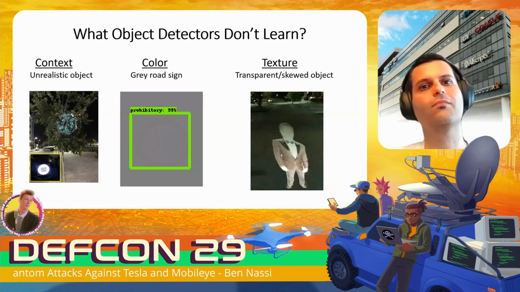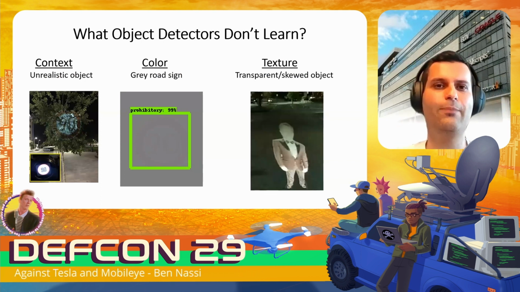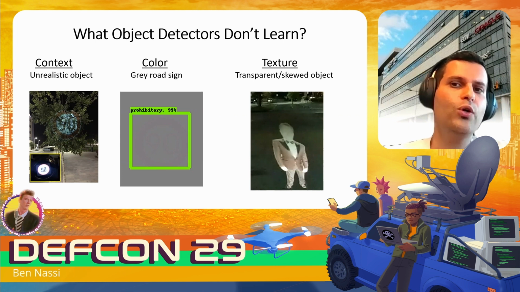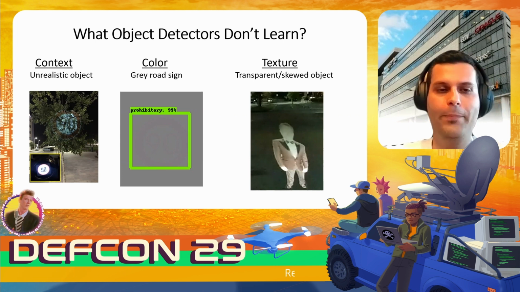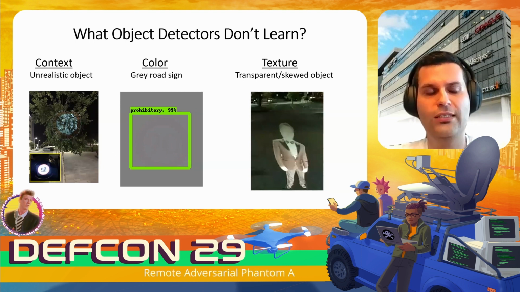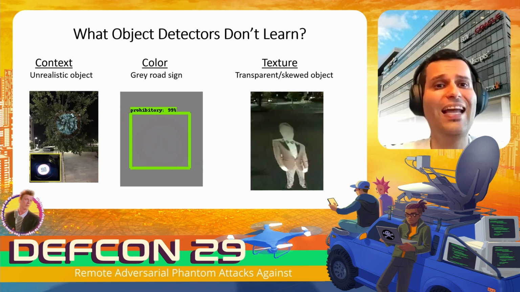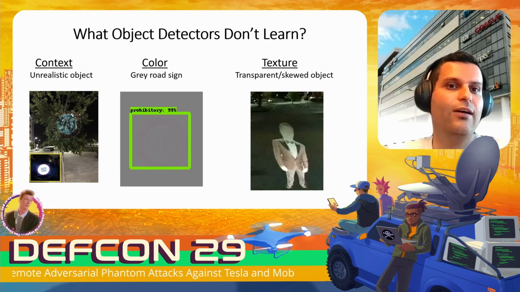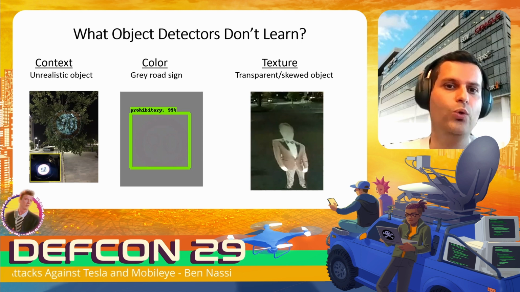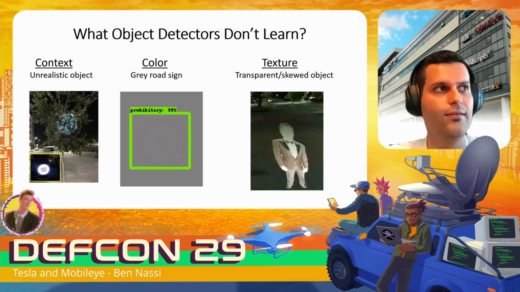However, we try to ask a different type of question: what don't object detectors learn? As you can see from the following pictures, context isn't taken into account by object detectors. You can see how unrealistic objects are being identified as real objects. You can also see how color, in some cases, isn't taken into account.